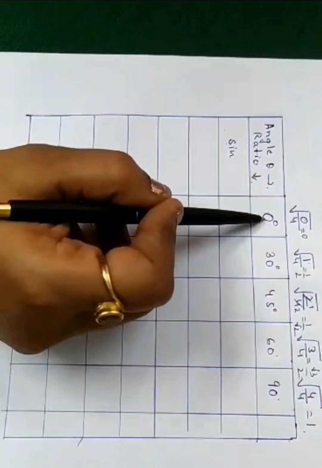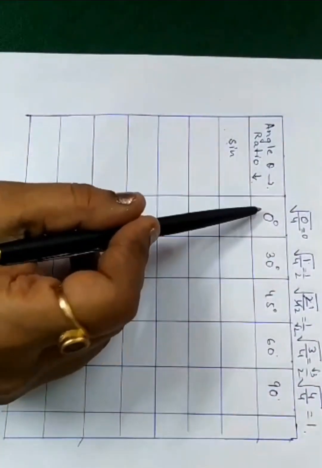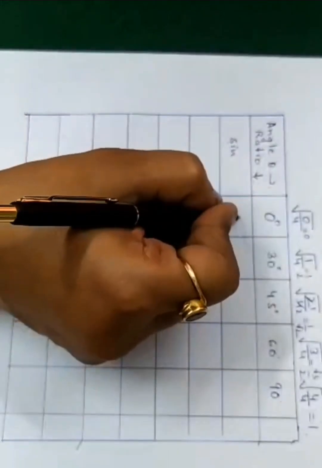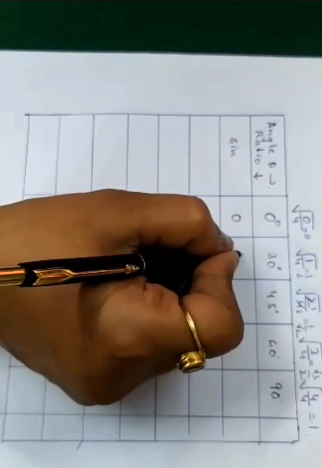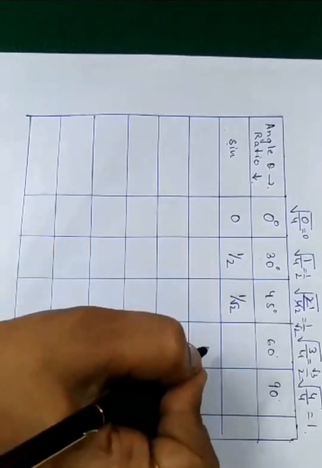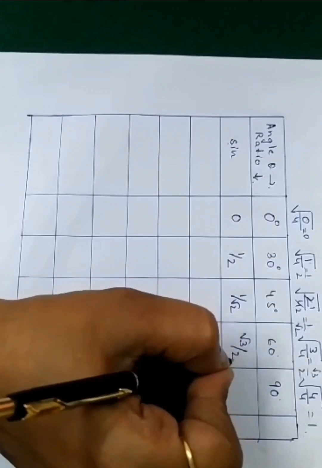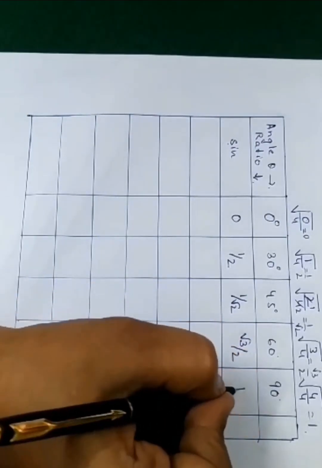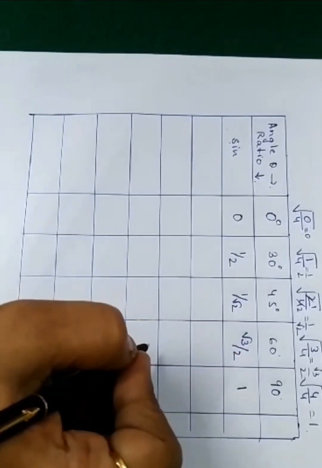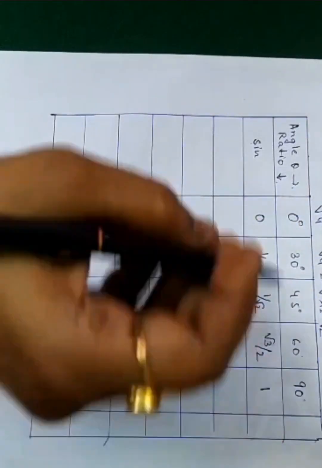Sine 0 degree, whatever values you have, these are for sine, so you write down this 0. Sine 30 is half. Sine 45 is 1 by root 2. Sine 60 is root 3 by 2. Sine 90 is 1. Now for cos, you go in the reverse order.